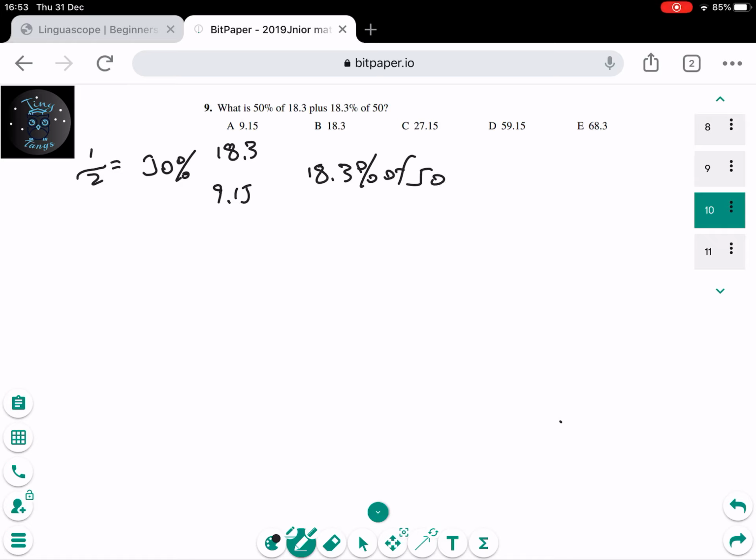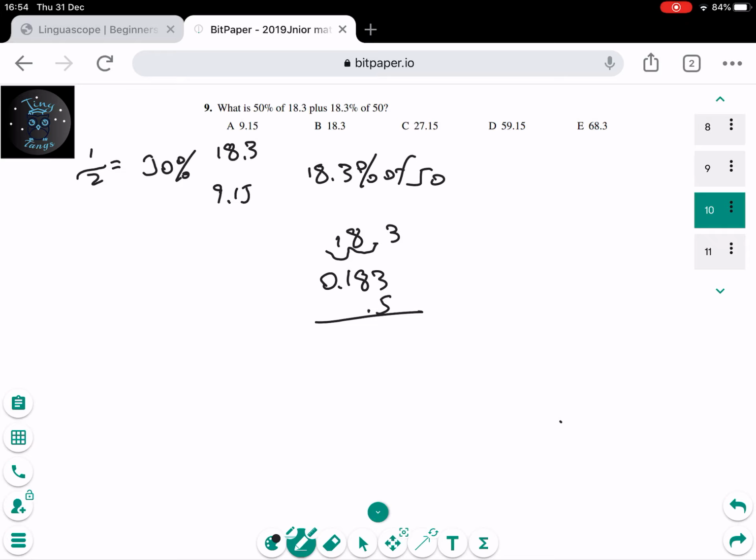can be done by making 18.3% a decimal number. Because it's 18.3%, we move 2 places, which means that the new number is 0.183, and we use that to multiply 50. So let's ignore the decimal places first.